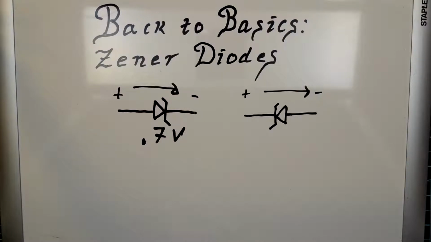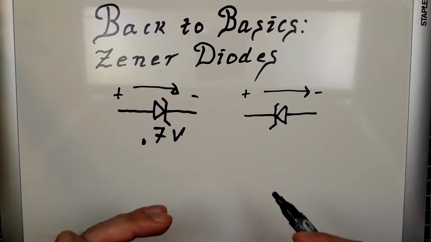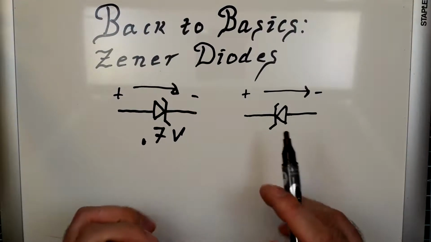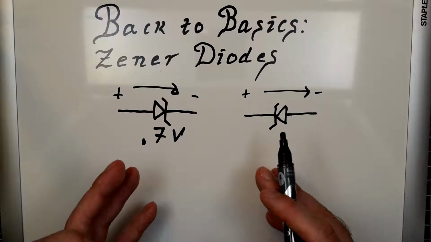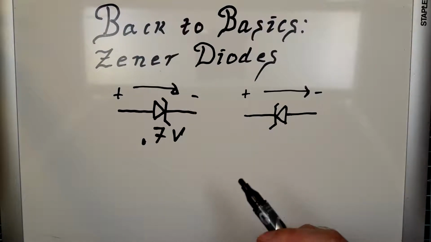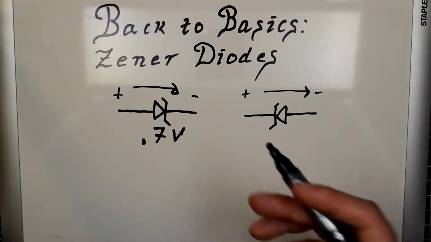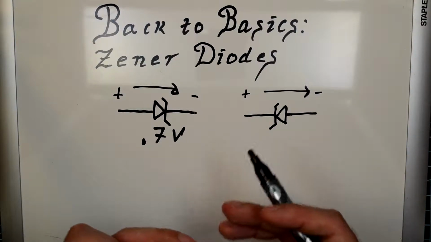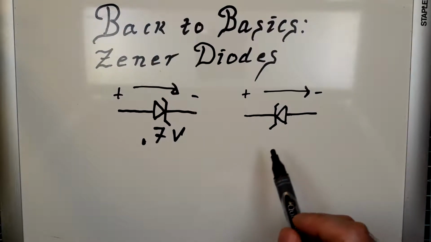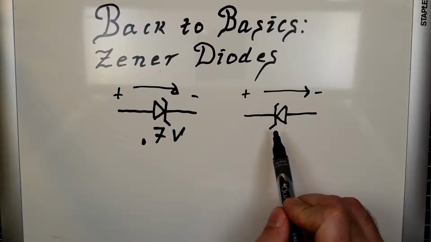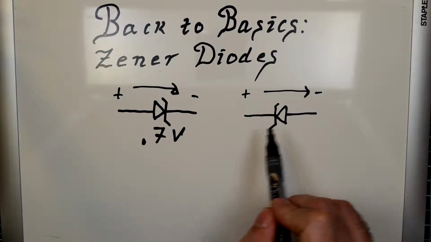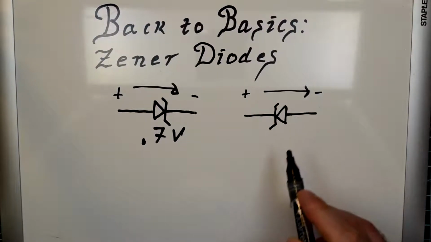Then you have something called Avalanche Breakdown, at which point the diode will start conducting, reverse biased, and in most cases, diodes will start to fail. That's why they call it avalanche breakdown. The materials actually start to fall apart. But Zener diodes are actually designed to operate in this manner.